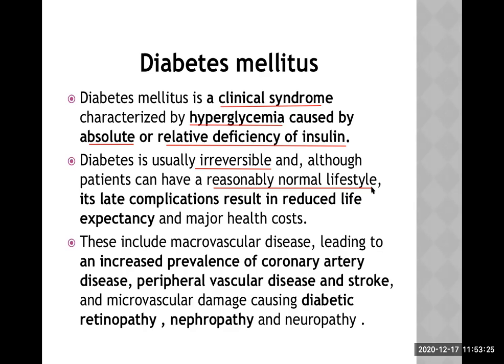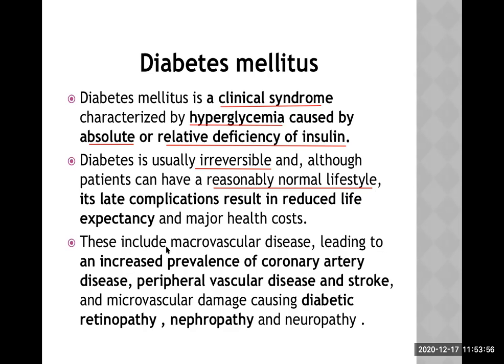And those complications are microvascular complications and macrovascular complications. One of the important macrovascular complications is atherosclerosis. Never forget this. Diabetes mellitus is an important risk factor for atherosclerosis. Whereas the major microvascular complications are retinopathy, nephropathy, and neuropathy. So these are very big problems in a diabetic patient.